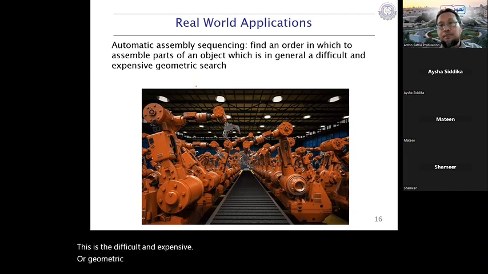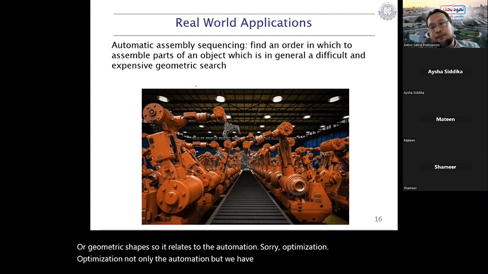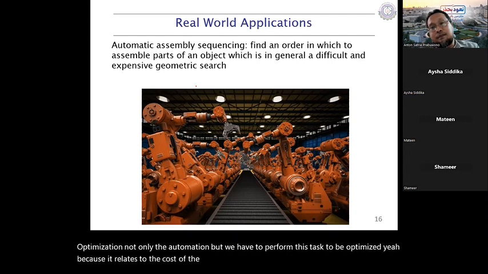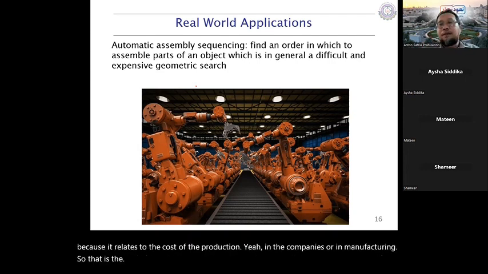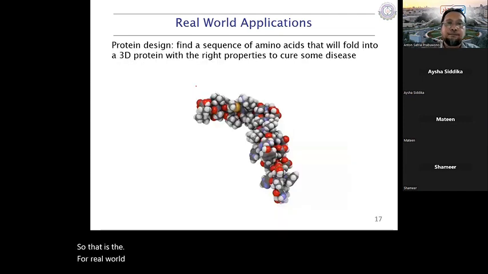So it relates to automation and optimization. Not only automation, but we have to perform this task optimally, because it relates to the cost of production in companies or manufacturing. So that is a real world application as well.